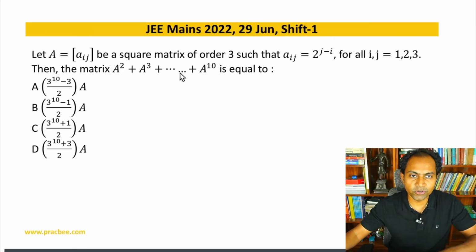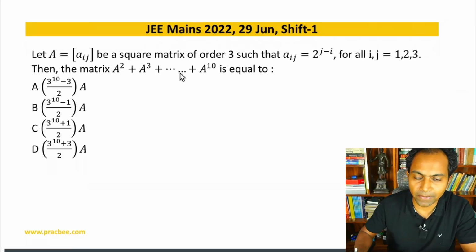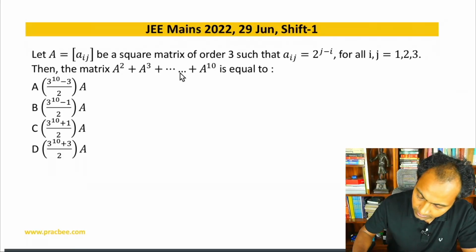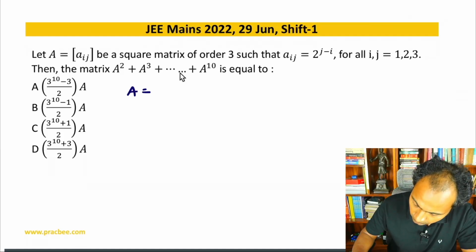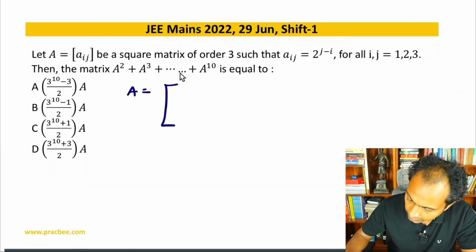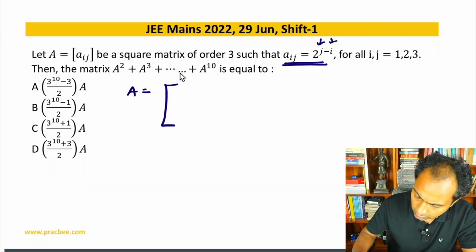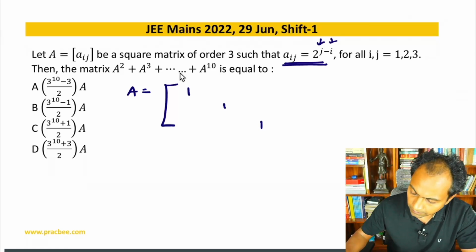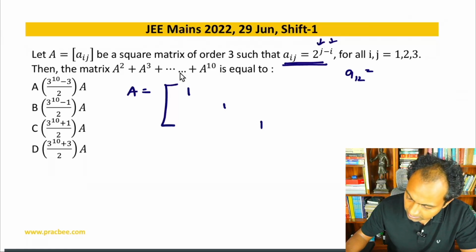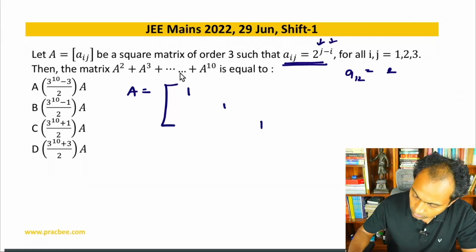Now this 2022 question talks about a matrix that, if I write, is going to look something like this. What they are saying is that if you want to find A11, that is the first term, you will have to put J as 1, I as 1. So that will become 2 raised to the power 0, which is 1. And you can see that all diagonal elements will become 1. Whereas if I find the value of A12, that is first row and second element, this is going to become nothing but 2.